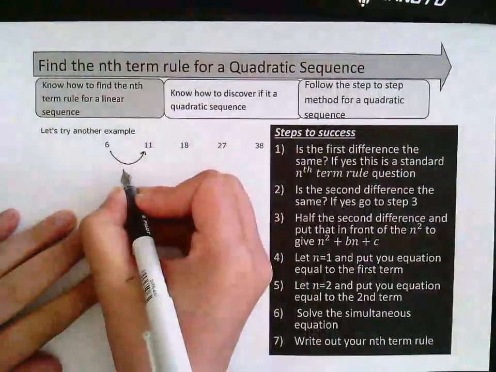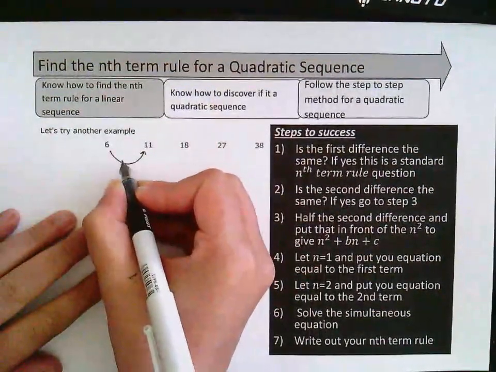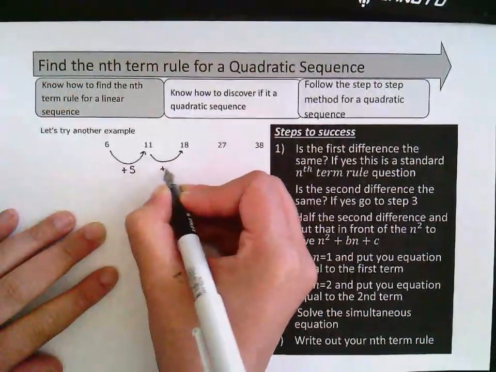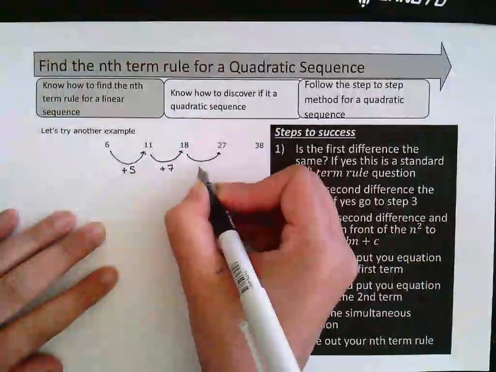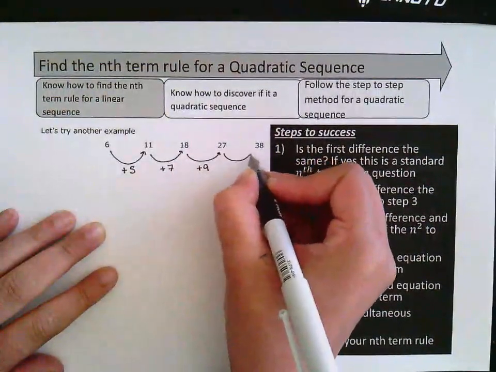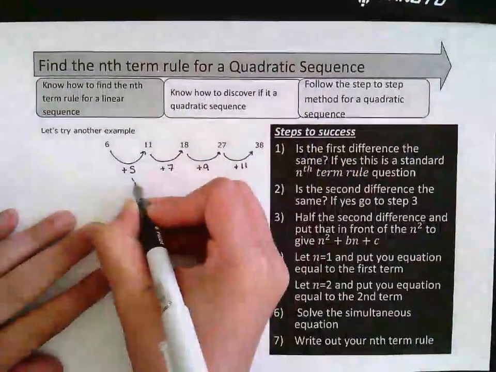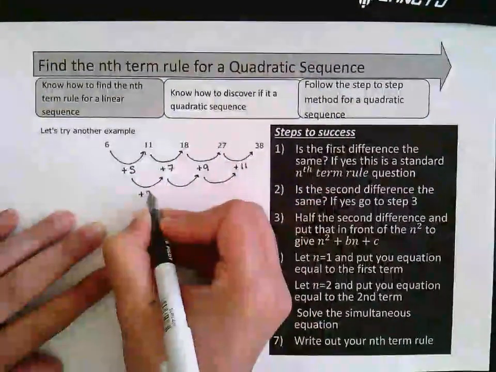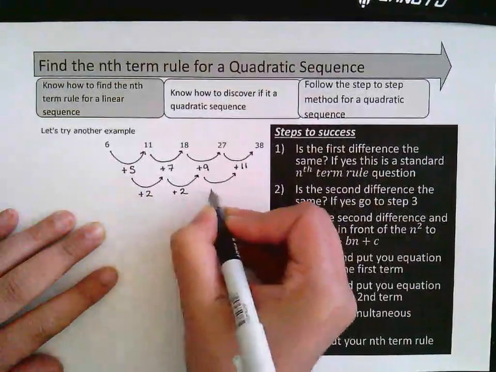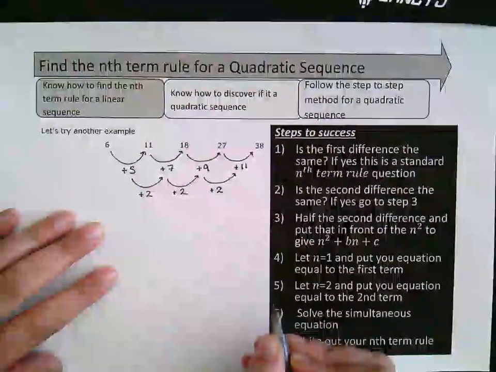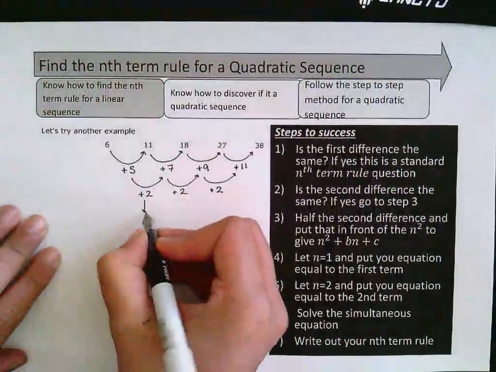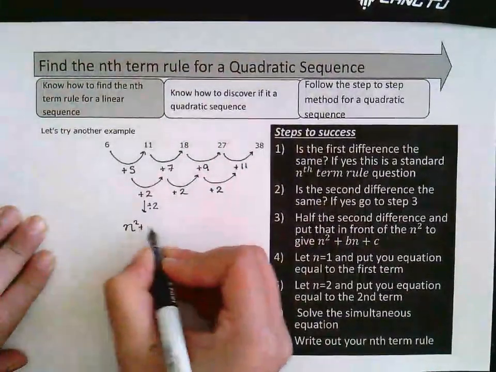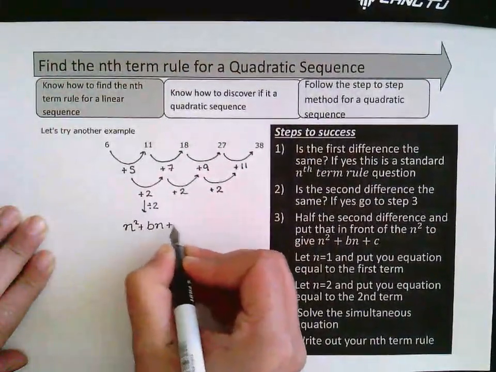First difference is plus 5, plus 7, plus 9, plus 11. Take the number, divide it by 2. So we have 1n squared plus bn plus c.